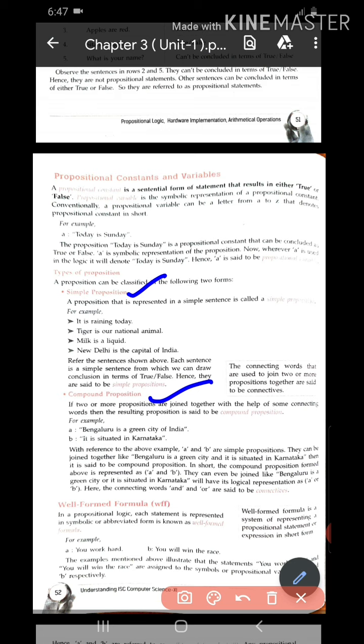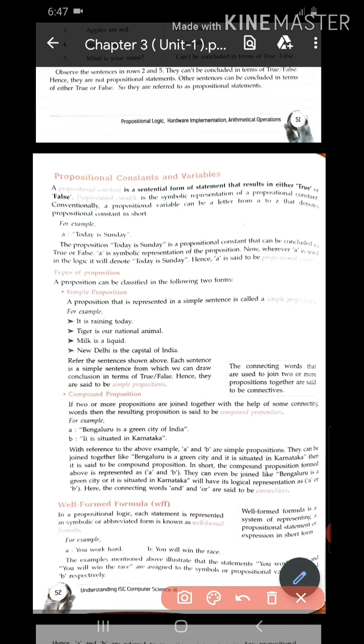But if you have more than one proposition, then that is a compound proposition. A compound proposition contains some connectives to connect a few statements together. For example, if we use "and" or "or" to combine two propositions, then that is a compound proposition.